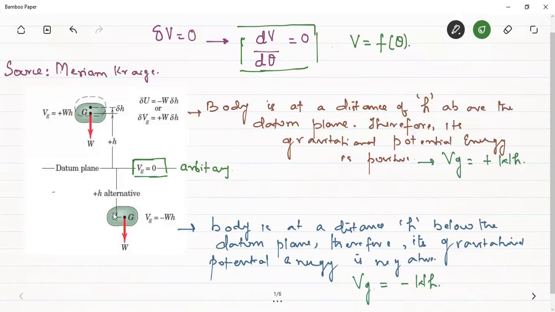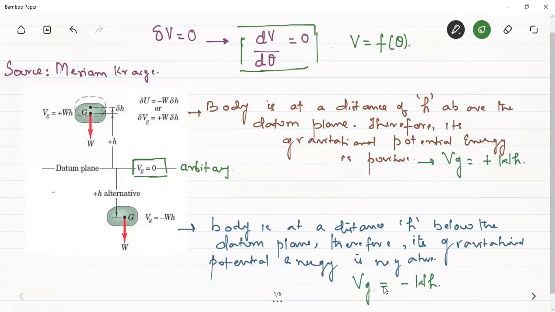And when the body is lying below the datum plane, at a distance h below it, its gravitational potential energy is taken to be negative. It is represented by Vg and it is negative.